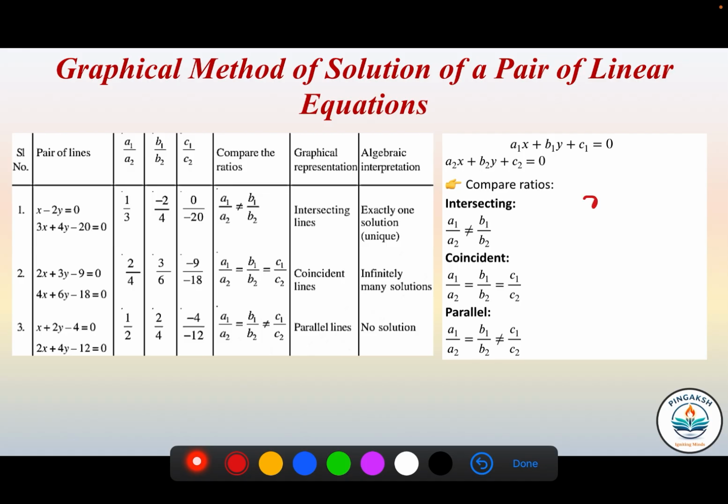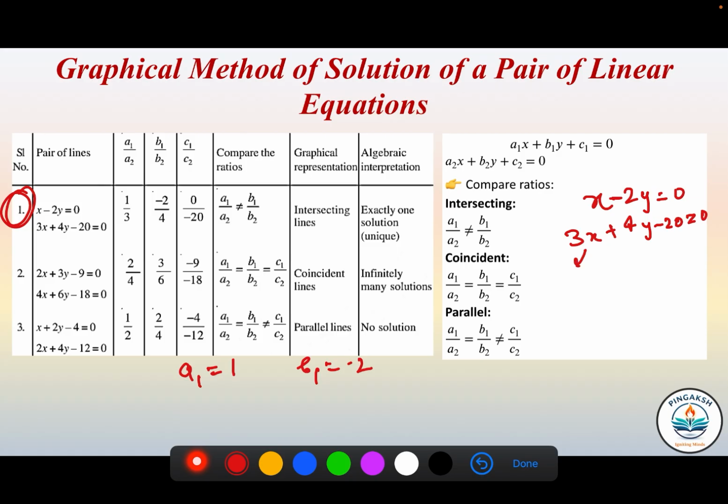See, x minus 2y is equal to 0 and 3x plus 4y minus 20 is equal to 0. This is the first problem. Here a1 is 1, the coefficient of x, and the coefficient of y is b1, so b1 is equal to minus 2.